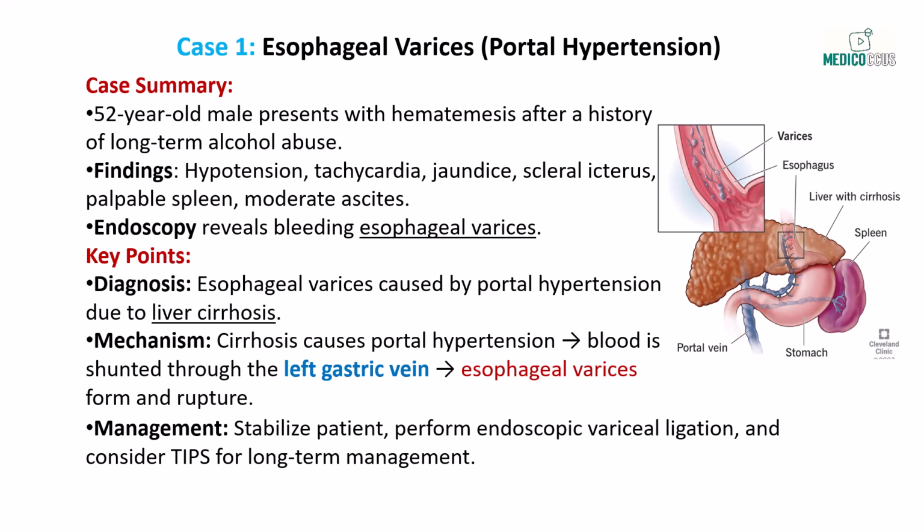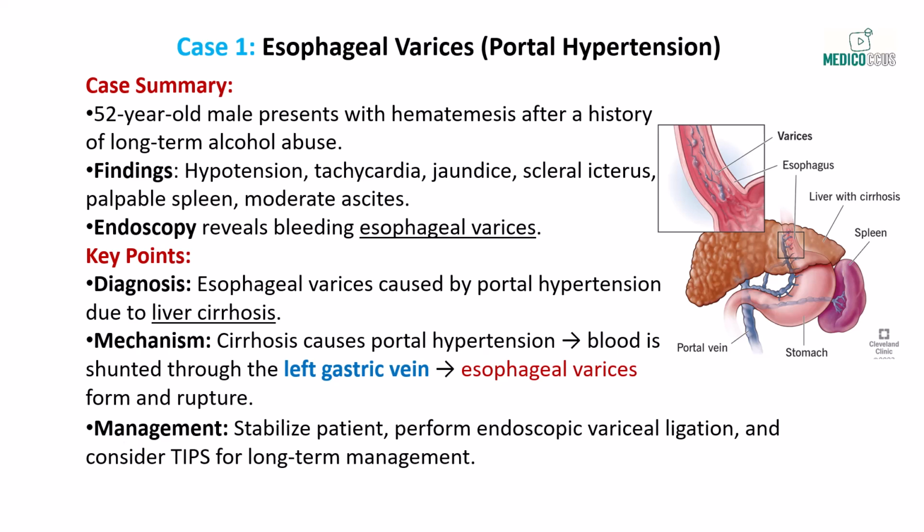One of the most significant routes is through the left gastric vein, which drains blood from the lower part of the esophagus into the portal vein. When this pressure becomes too high, the left gastric vein dilates, leading to the formation of esophageal varices. These varices are fragile, thin-walled veins that are prone to rupture, causing significant upper gastrointestinal bleeding, as seen in this patient.